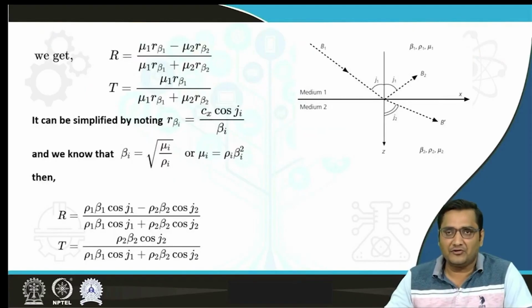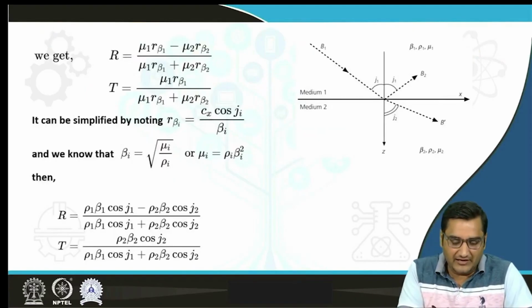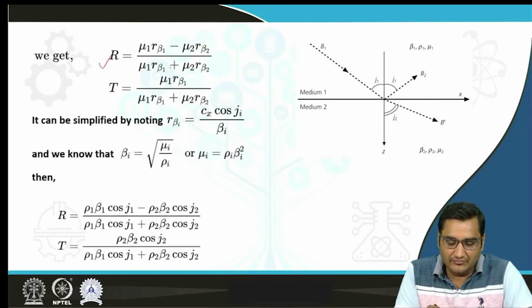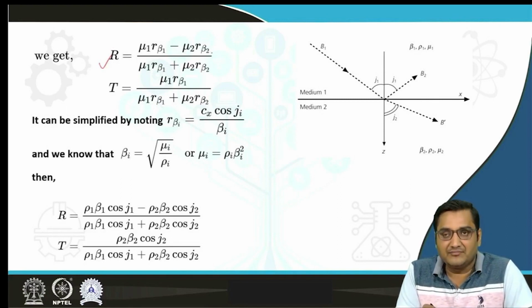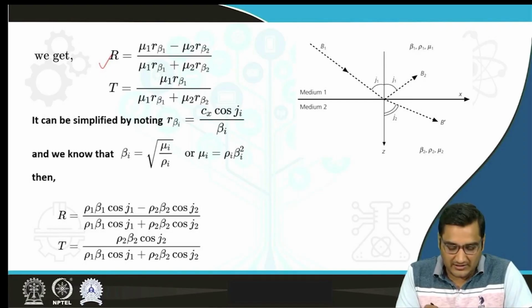Now when you incorporate that, you will get R is equal to mu1 R beta 1 minus mu2 R beta 2 divided by mu1 R beta 1 plus mu2 R beta 2, and the transmission coefficient you will get mu1 R beta 1 by mu1 R beta 1 plus mu2 R beta 2.